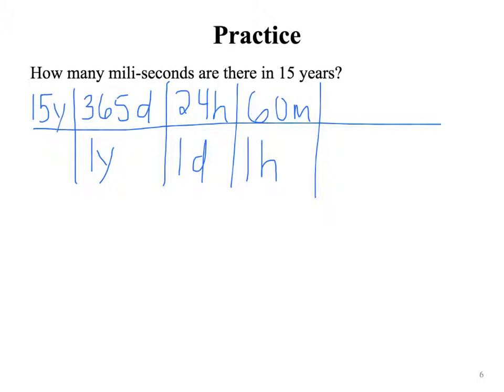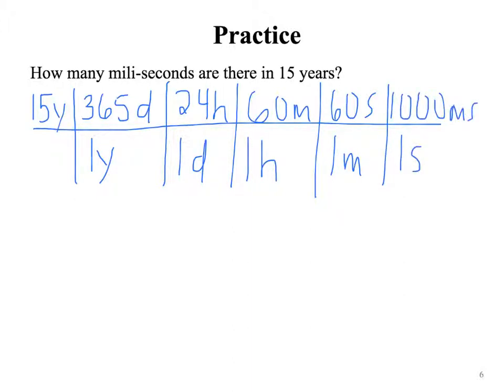I know that in 1 minute there are 60 seconds. And I know in 1 second there are 1,000 milliseconds. So if you see, the years cancel, the days cancel, the hours cancel, the minutes cancel, the seconds cancel, and I'm left with milliseconds. This is the easiest way to convert, and it's called dimensional analysis.